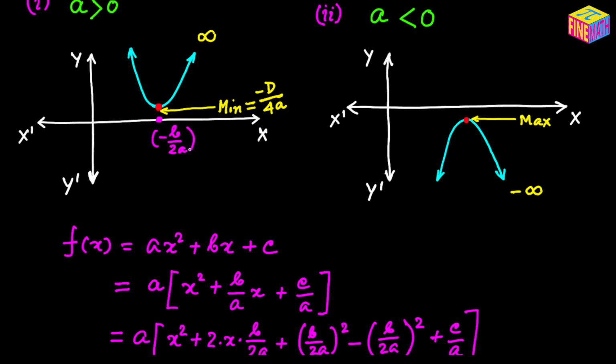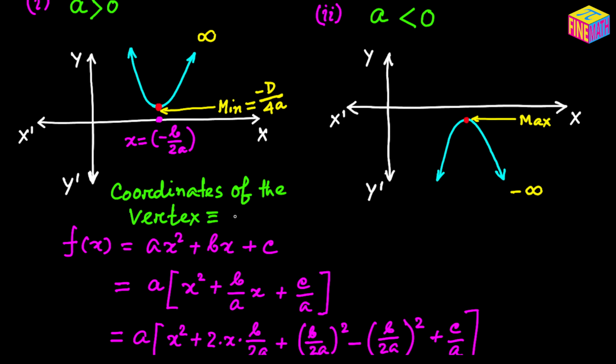So at that point, when x is equal to negative b by 2a, the value of the function will be minimum, and that value is negative d by 4a. That means the coordinate of the vertex would be like this. So the coordinate of the vertex would be negative b by 2a and negative d by 4a.